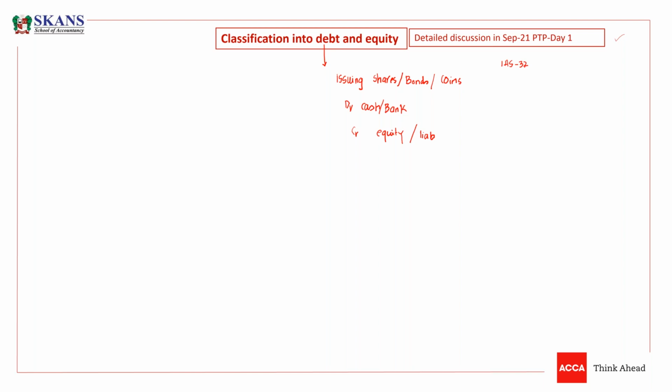Now, how can we classify any cash received into debt and equity? A very simple concept is, if you have an obligation to pay, then you should treat the amount received as a liability. If you have an obligation to pay either interest or principal, if there is any obligation that you are bound to pay, then it should be a liability.